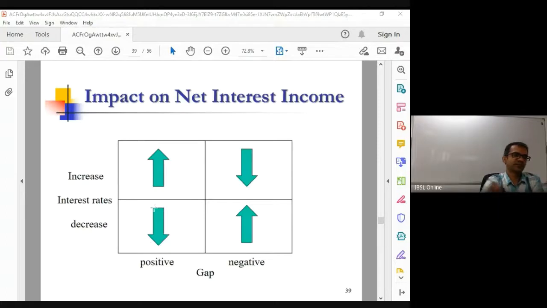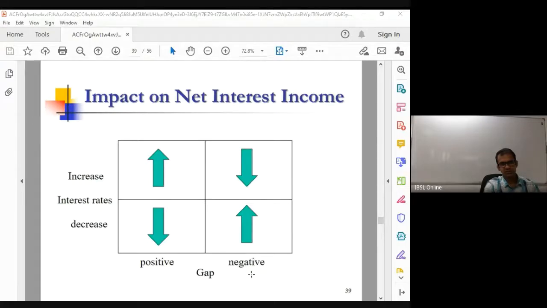But the opposite is true when interest rates are going down. When interest rates decrease, new assets will be reinvested at a lower rate. Then they will generate lower interest income. That will have a negative impact on the net interest income.